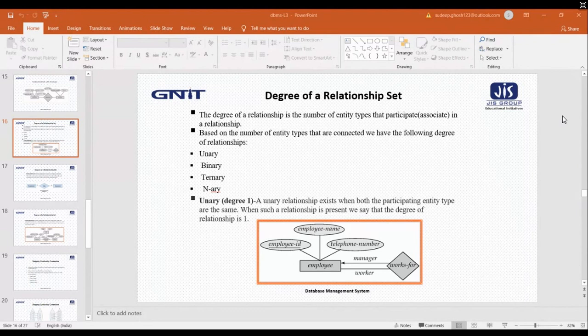Now, when we say many, many means 0 to n. That means when we see the mapping, some loans are not associated with any customer also.